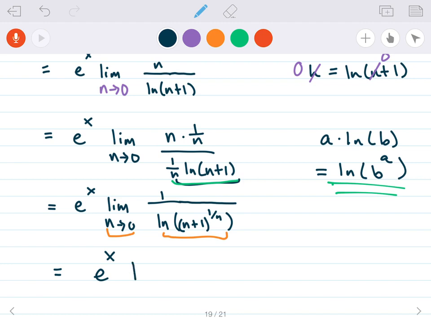So we have e to the x, limit as, let's see, how should I write this? We're going to do 1 over ln of the limit as n goes to 0 of n plus 1 to the 1 over n. And again, this is just by limit properties that I was allowed to do that.